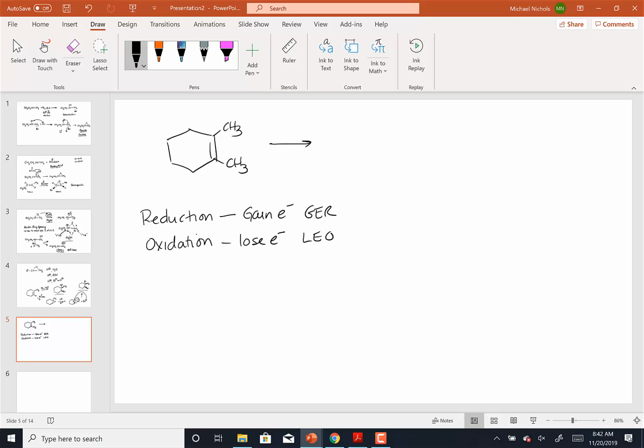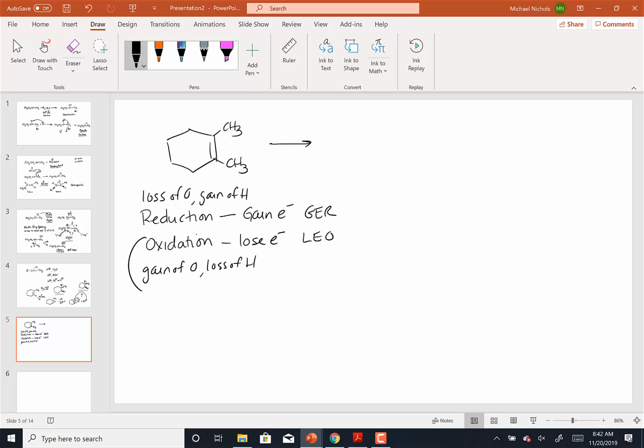But we can define in organic the reduction as either the loss of oxygen or the gain of hydrogen. And oxidation would be gain of oxygen or loss of hydrogen.